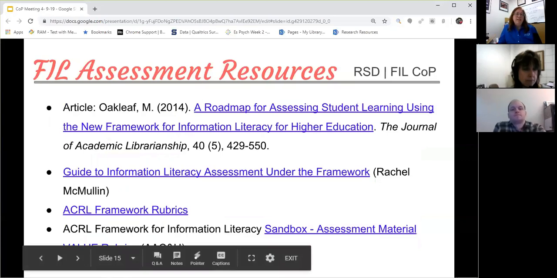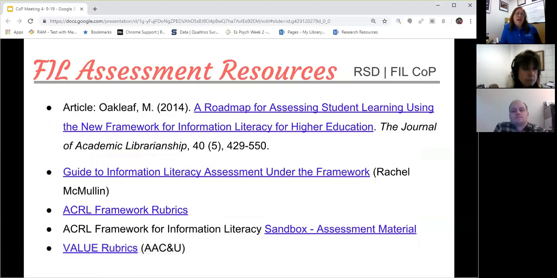In addition to that, she has posted an article, a roadmap for assessing student learning by Oakleaf, which talks about framing how you're going to look at information literacy within the context of your own personal experience.